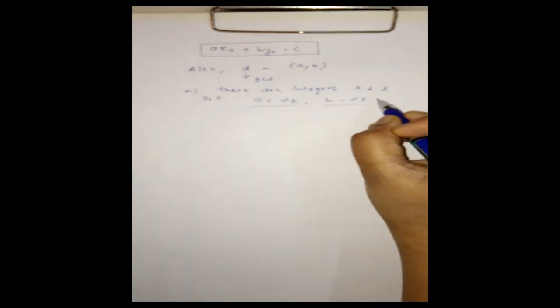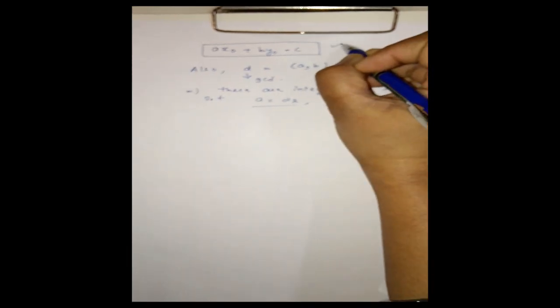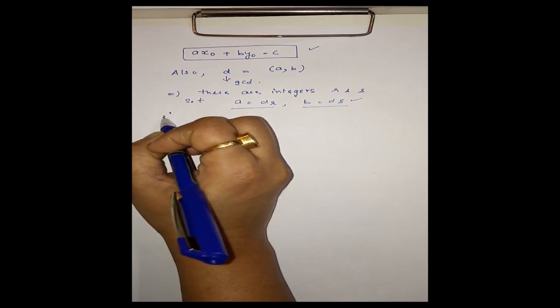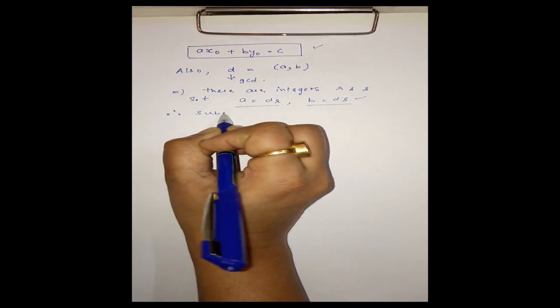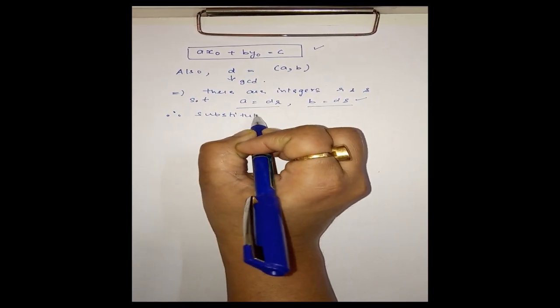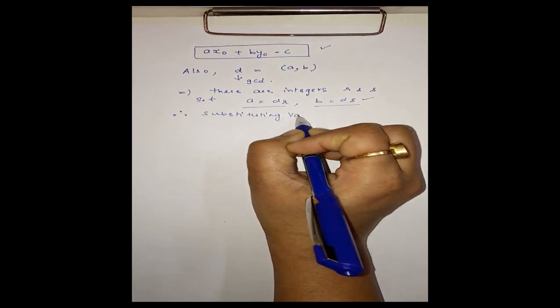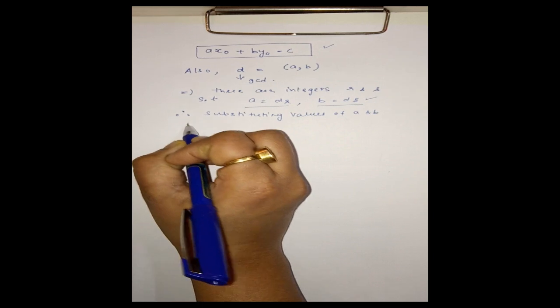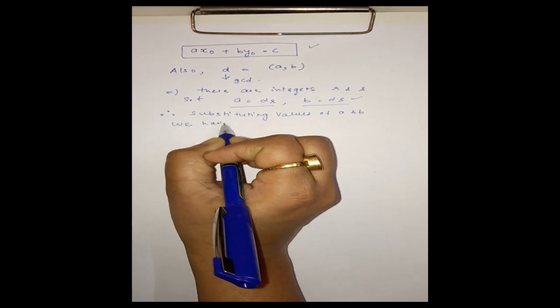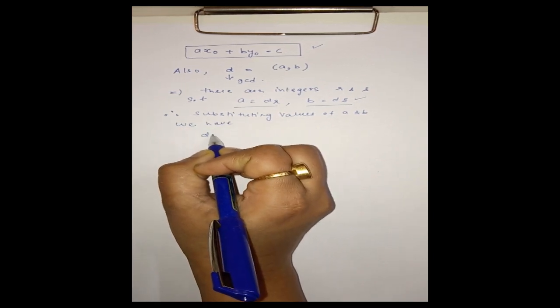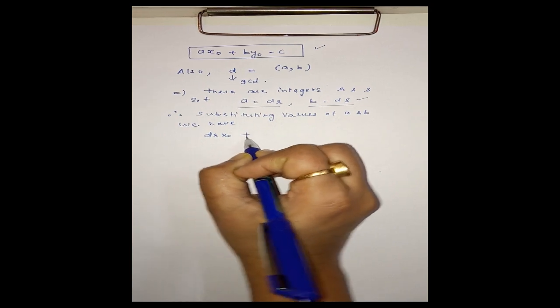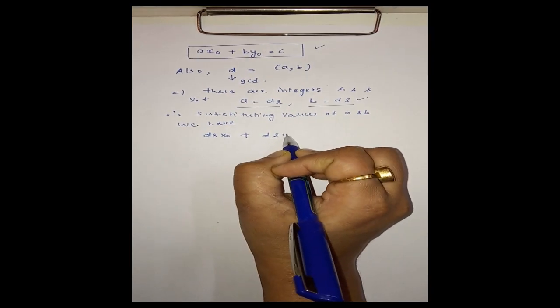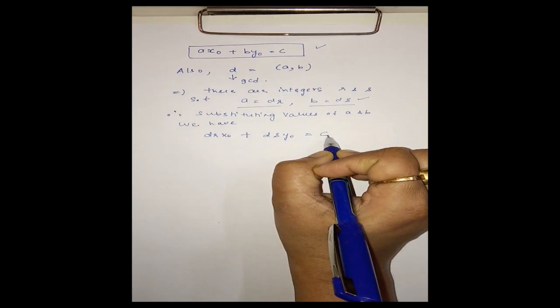Now substituting values of A and B in this equation, we have dr into x naught plus ds into y naught is equal to c.